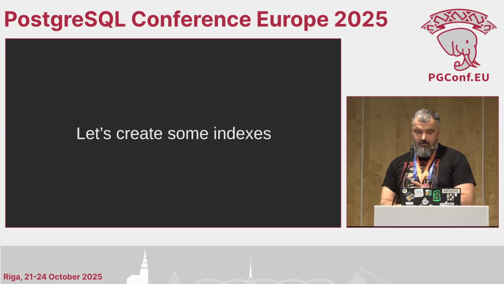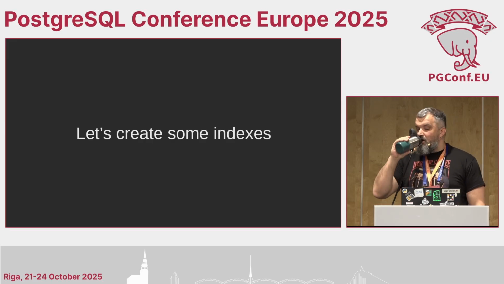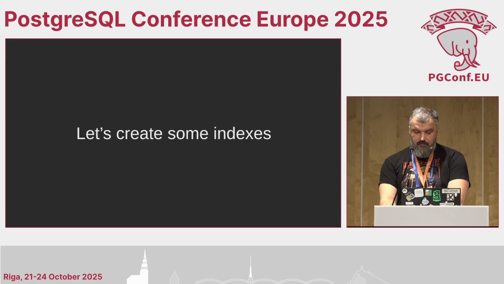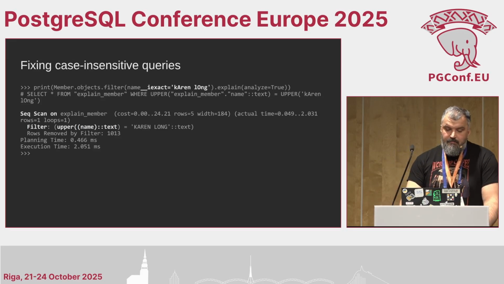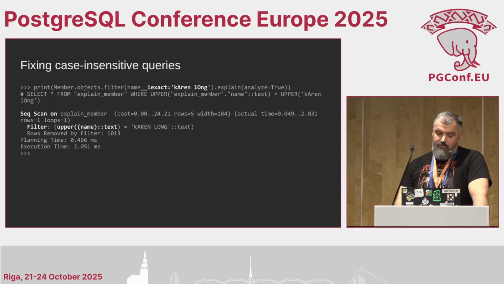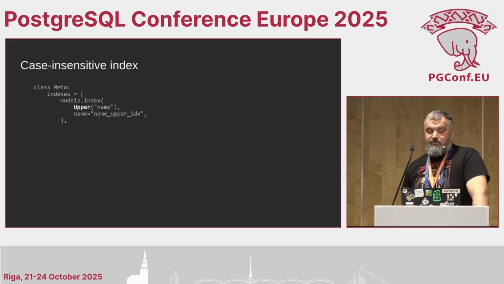And yeah, so let's build some more indexes. After all, we need to do some live searching. First I want to fix this case-insensitive query. I see that the database is looking for a condition which says upper on the name. Therefore, I must create an index on upper of the name. So the Django way is like this. It's pretty similar also in plain SQL.